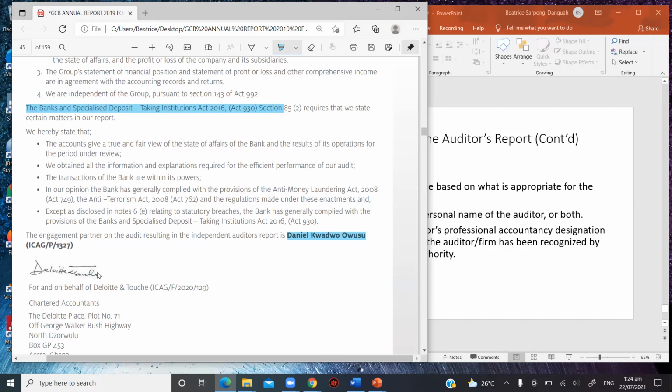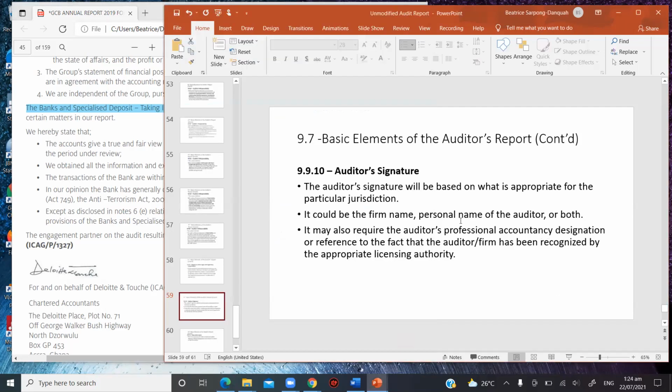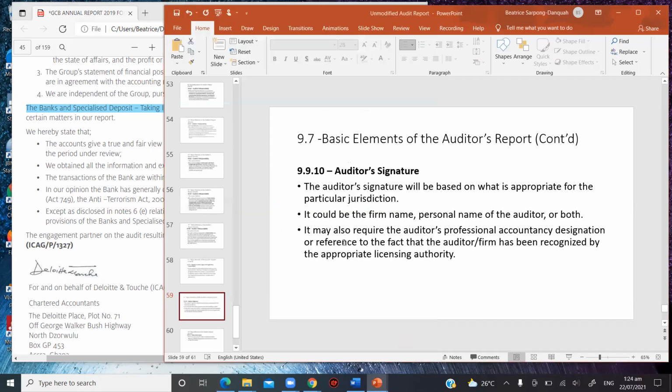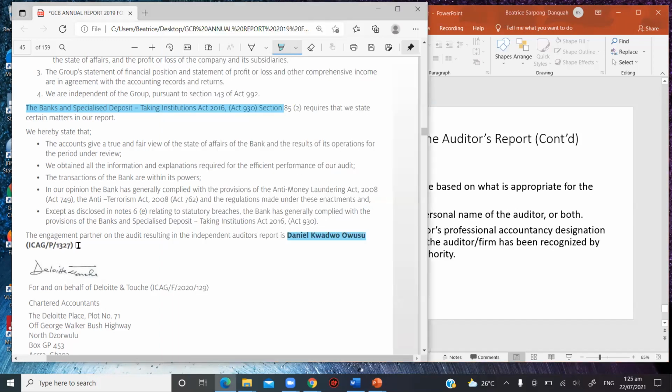So there's the firm name, Deloitte & Touche, and then there's the partner's name. It can be both, or it can be one of them. In this case, both are given. It may also require the auditor's professional accountancy designation or reference to the fact that the auditor or the firm has been recognized by the appropriate licensing authority. So this is the reference of the partner, Daniel Kwejo Owusu.